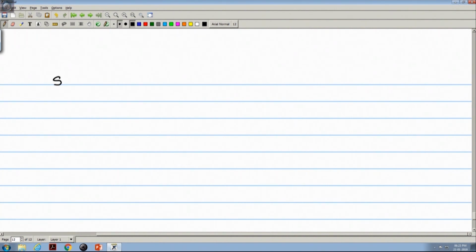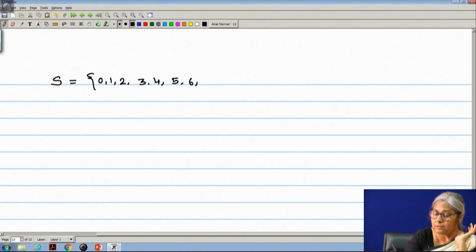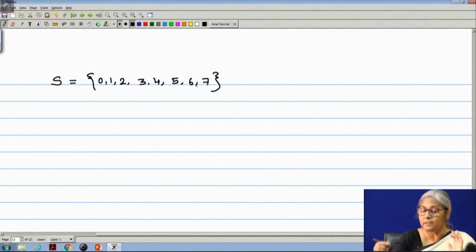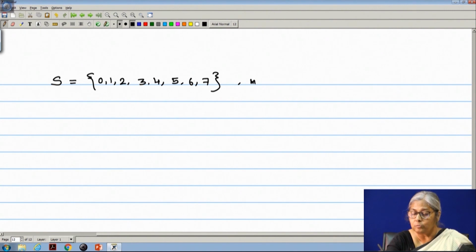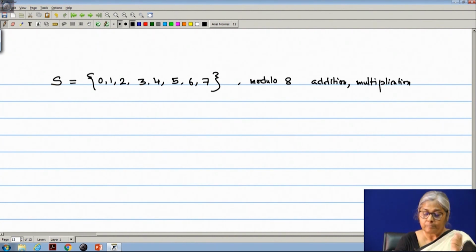I have taken the set 0, 1, 2, 3, 4, 5, 6, 7, since we are taking modulo 8 addition and multiplication.